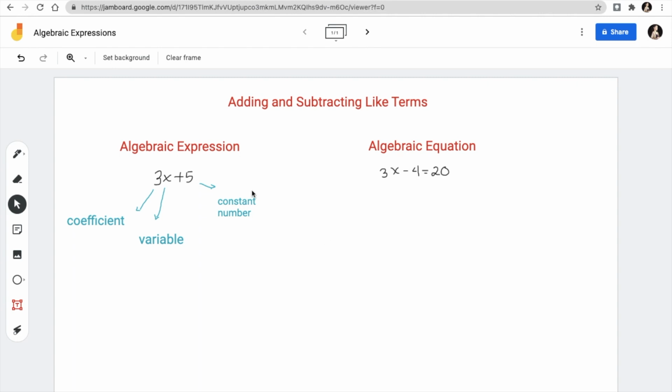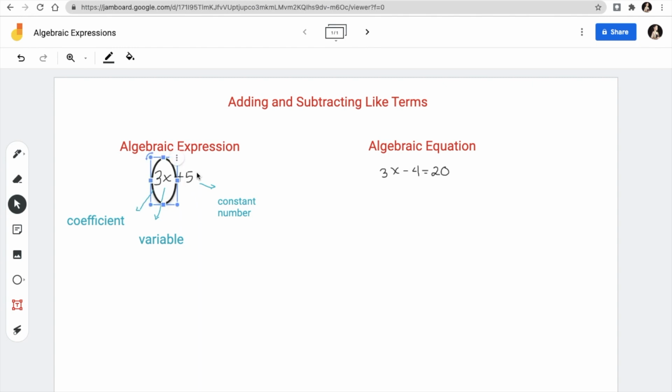So an algebraic expression has no equal sign. It's just a constant number, or a combination of a variable that has a coefficient. Whereas an algebraic equation, as you can see, has an equal sign. Now, each value here is what we call a term in your expression.